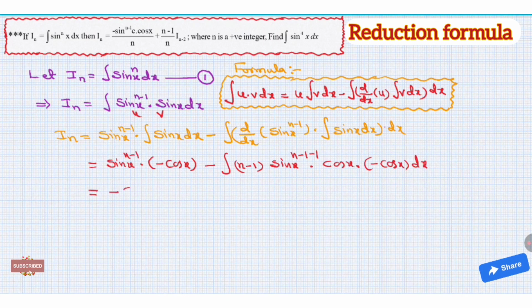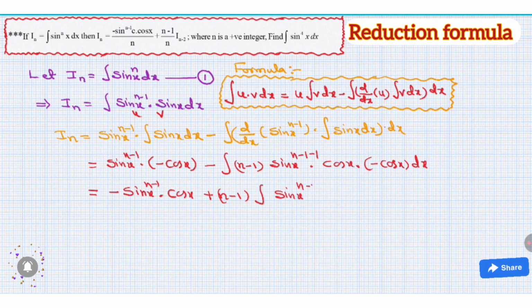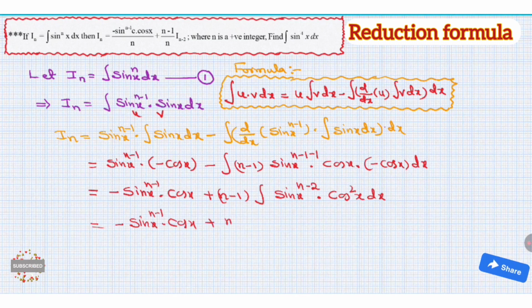This equals minus sin x power n minus 1 into cos x, plus (n minus 1), which is a constant, into integration sin x power n minus 1 minus 1, which is minus 2, into sin x cos x into cos x, which is cos square x dx.